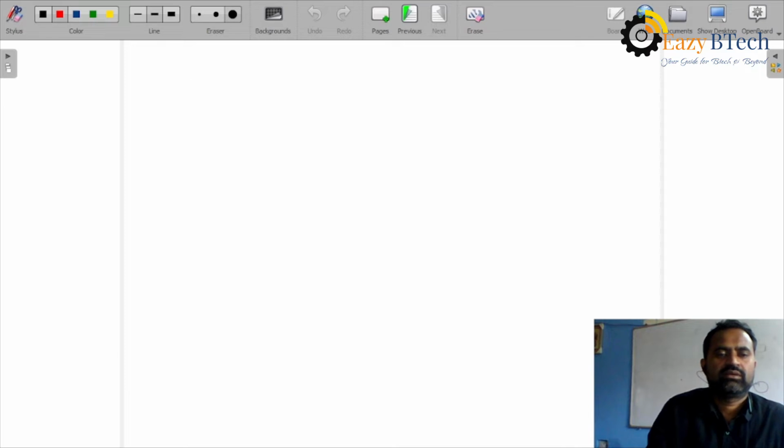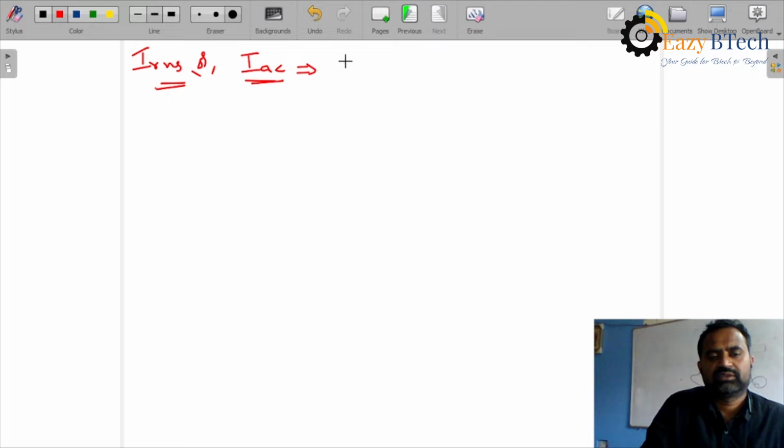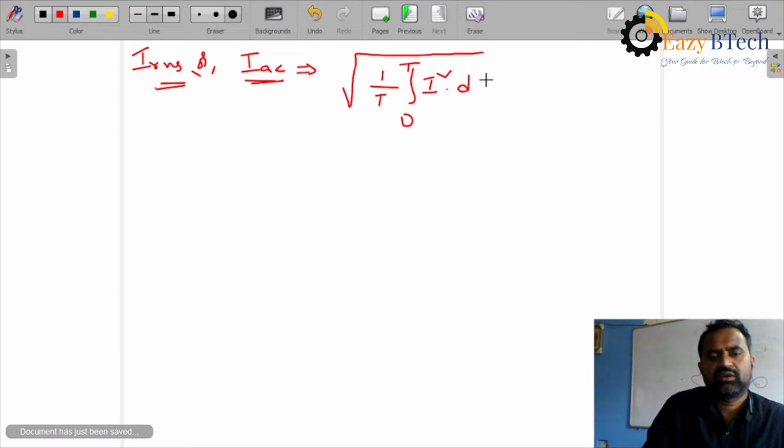Next, the RMS value, IRMS or IAC. The formula for this is the root mean square value: root of 1 by T integral 0 to T of i square d alpha. This is the formula for IRMS.